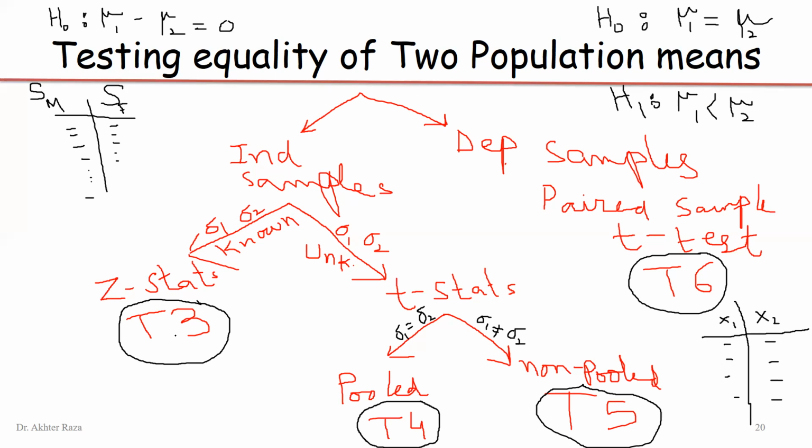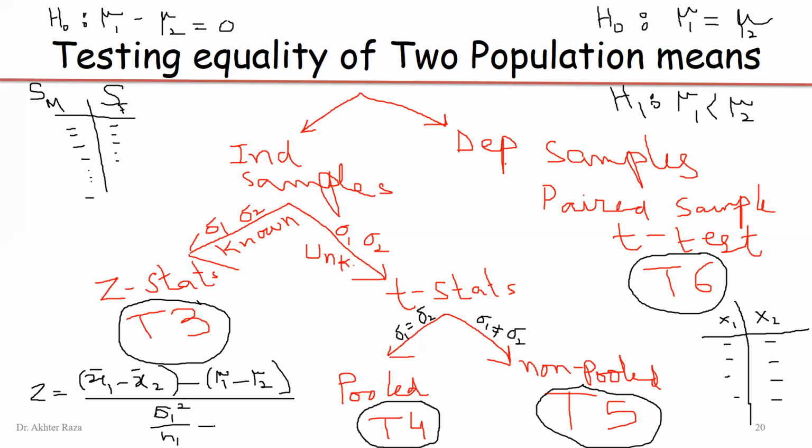If the sigmas are known, we can apply T3, which is the Z test. Z test is described as x bar 1 minus x bar 2 minus mu 1 minus mu 2, divided by the square root of sigma 1 square upon n1, this is the standard error from population 1, plus sigma 2 square upon n2, this is the standard error from population 2.